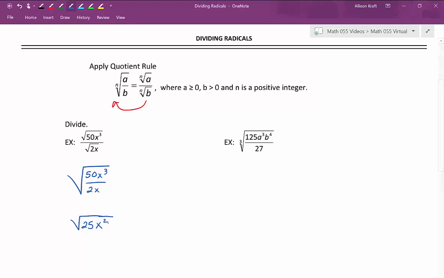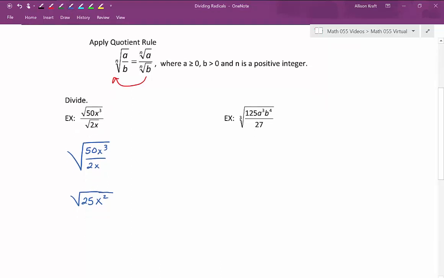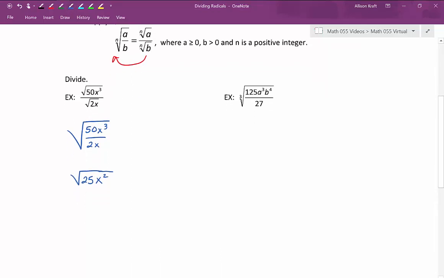Well, how nice. I now have two perfects underneath of my square root. The square root of 25 is 5. The square root of x squared is just x. Now we're going to see in our subsequent examples that everything doesn't always turn into a perfect, but hopefully something's going to simplify.